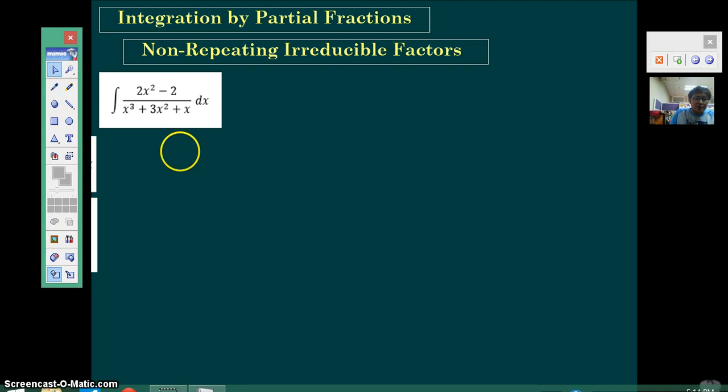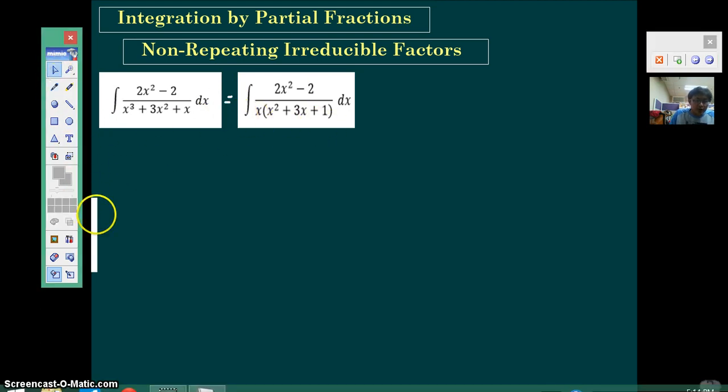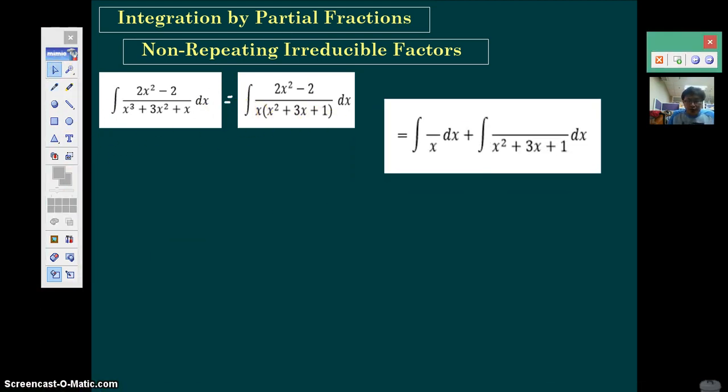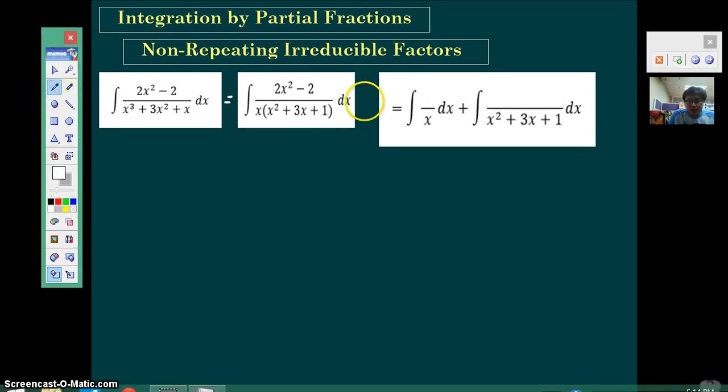Okay, now we have another complicated fraction. We can do substitution here. Again, the first step is always to factor your denominator. So it's simply x times x squared plus 2x plus 1, and then you make this into its sum of simpler fractions, or partial fractions.